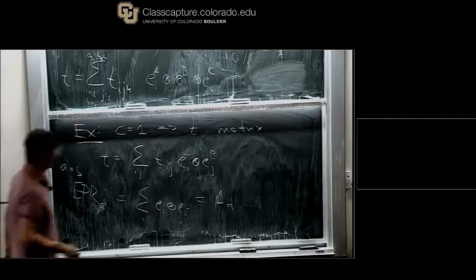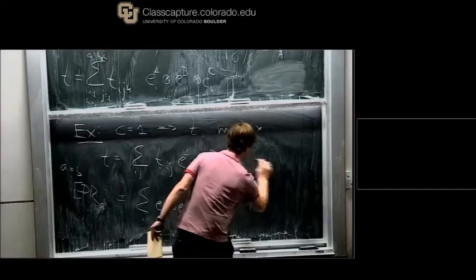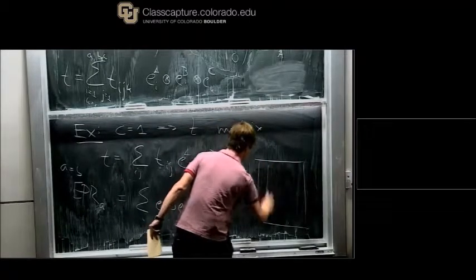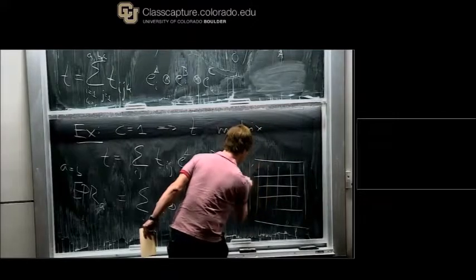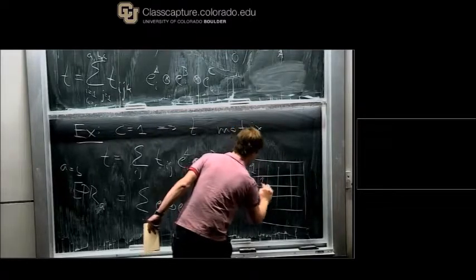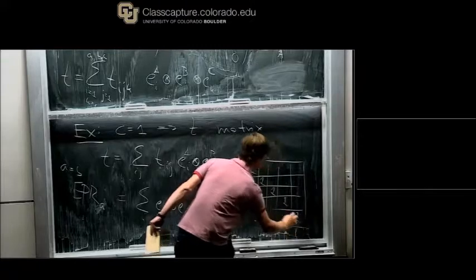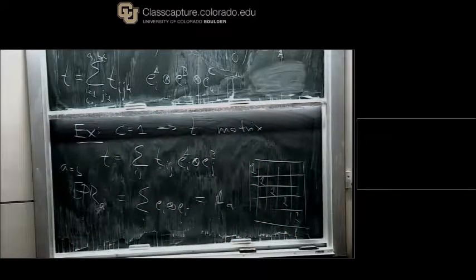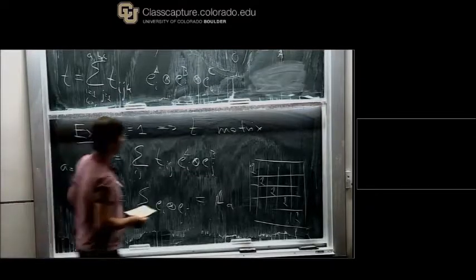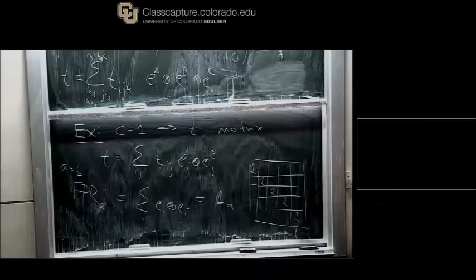And then it's easier for me to draw this picture for you. Because it's now a matrix, and I put ones here on the diagonal, right? Okay, good.